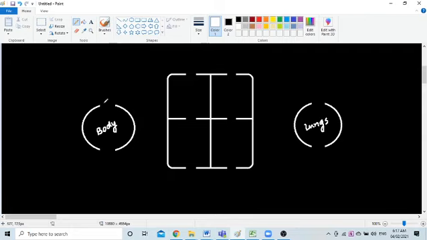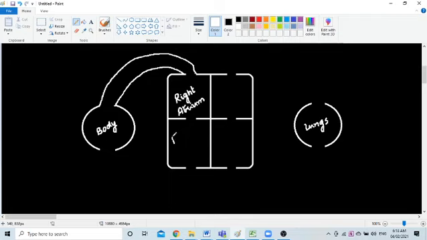Now from the entire body this blood goes to this part of the heart which is known as the right atrium, and from here it goes to the right ventricle.